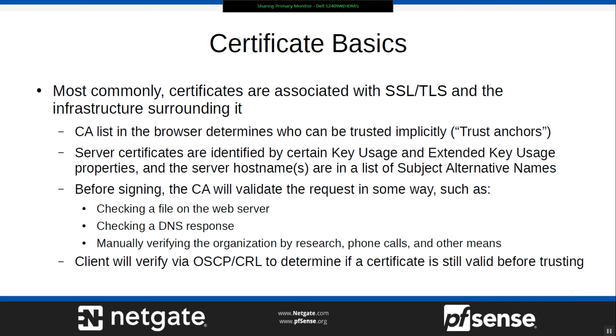So before a CA signs a request, it's going to validate that in some way. Typically, if you're just going to Namecheap, GoDaddy, somebody like that, or RapidSSL, just buying a cheap web certificate, or even with the free Let's Encrypt or ACME, it will have some sort of automated challenge-response mechanism where they'll tell you to put this particular string in this particular file name on your web server, and they'll make a request and fetch that, or maybe put a record in DNS.